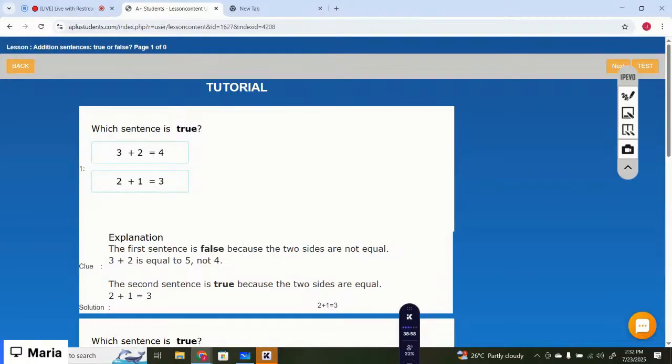Which sentence is true? Option number 2 is the correct option, that is 2 plus 1 equals 3. Let's just start with the test question.